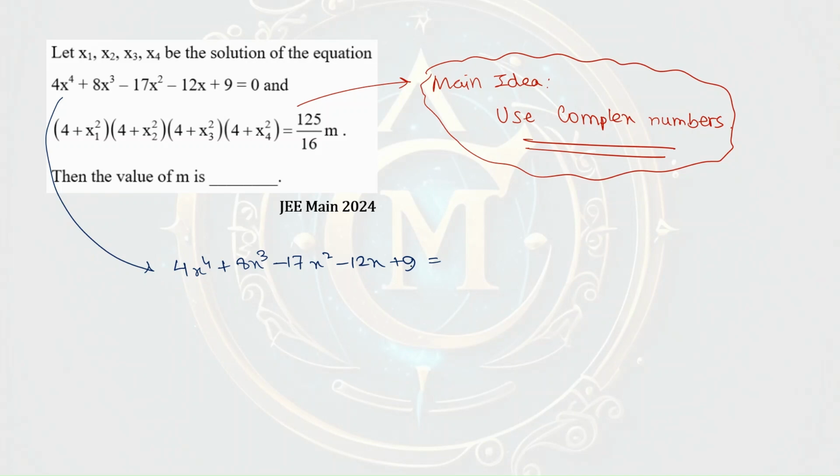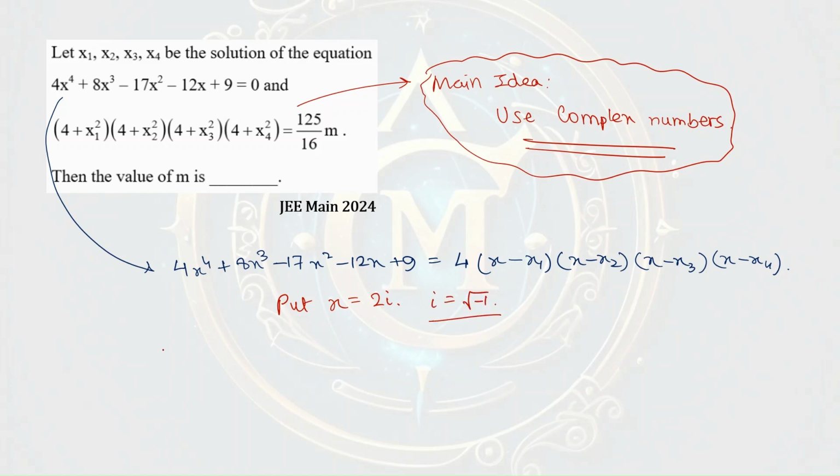So we can write this polynomial as 4 times (x minus x1), (x minus x2), (x minus x3), (x minus x4). Now we have to simply put x equal to 2 iota, where this iota is root over minus 1.